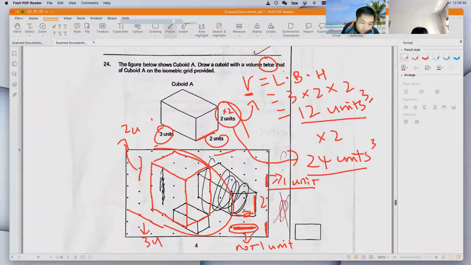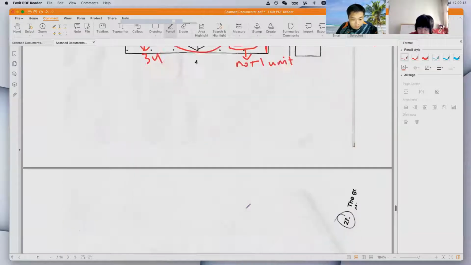All right. So that's how you get 24 units. You just double the height. Are you following? Hello? Yeah. Good. So you just have to double the height, then you can double the volume already. Very simple.